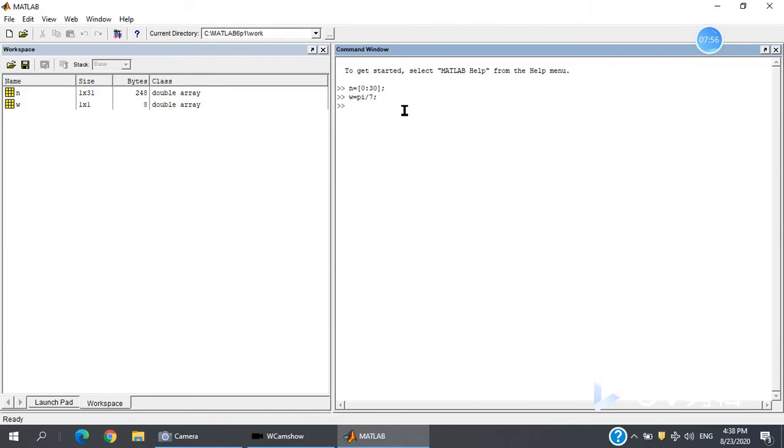I have this omega, then I have x, which is exp of j times the angle w, then times n.